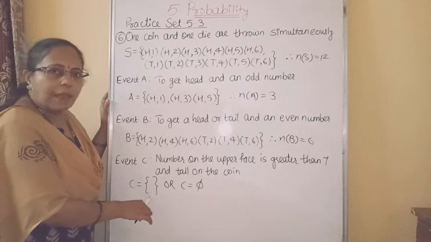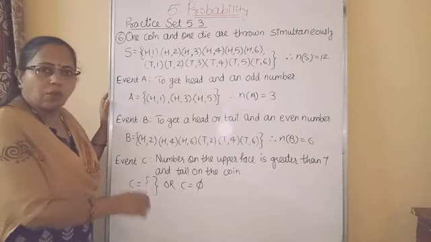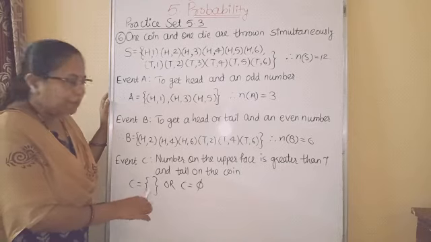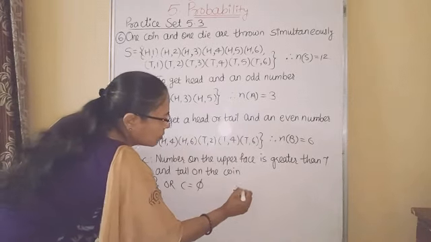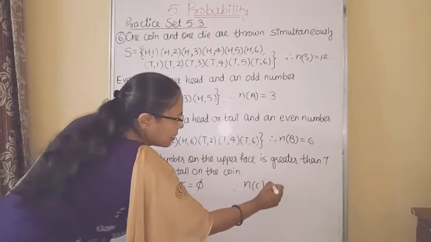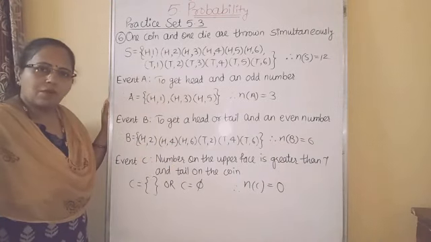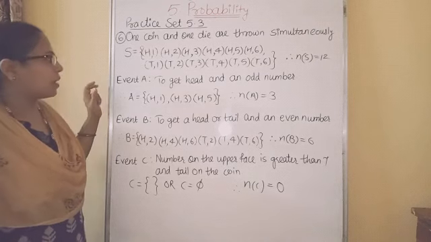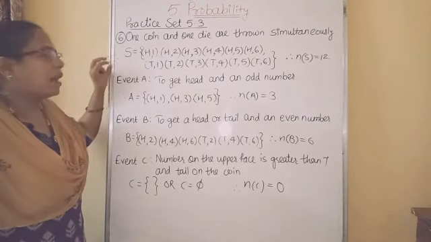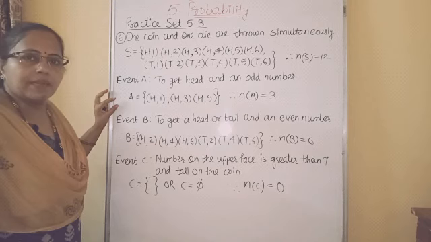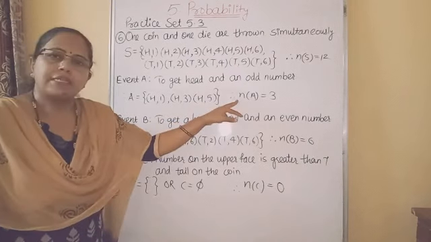So this is an empty set. There is no element in that set. It is empty. Therefore, n of C is equal to 0. Followed? Now students, I hope you understood how to write the sample space, how to write the event and the number of points in that event.